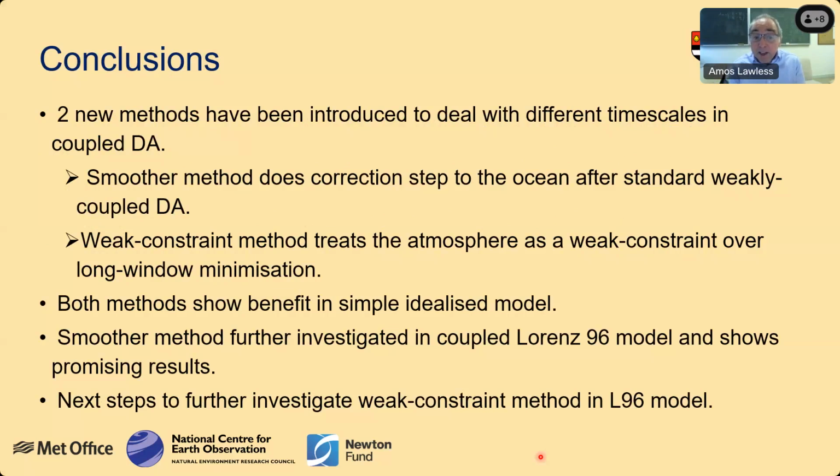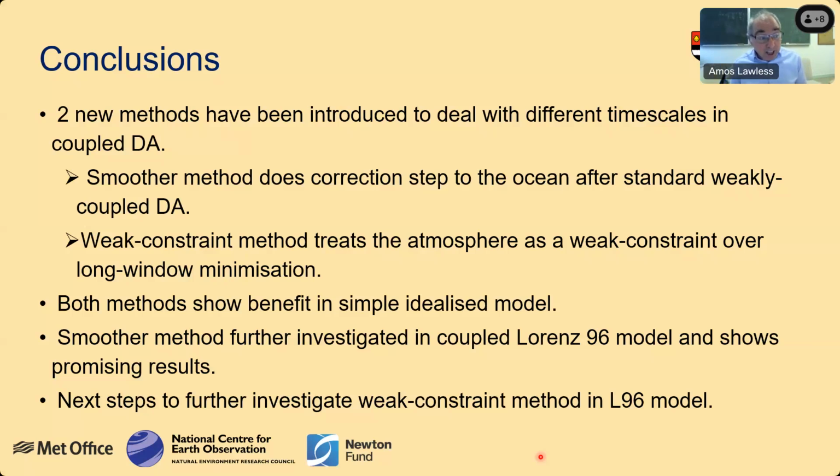The other method is a weak constraint method, where we minimize over a longer window according to the ocean timescales, but treat the atmosphere as a weak constraint over that period, so that we're able to fit the atmosphere observations and the ocean observations simultaneously within the 2 inner loop cost functions over the whole period, instead of doing short windows. In the first idealized model I showed, both methods showed some benefit.